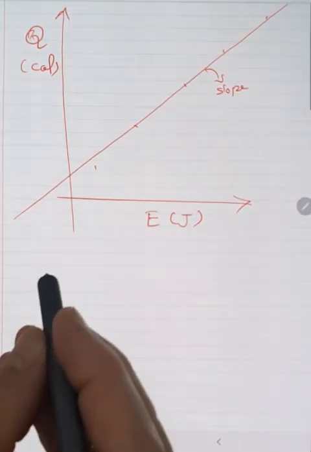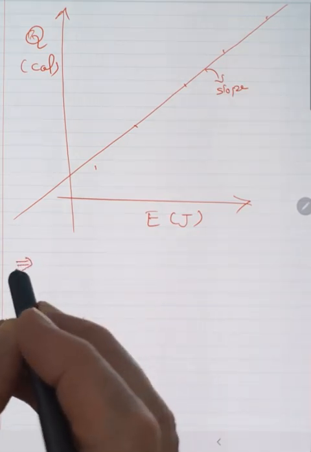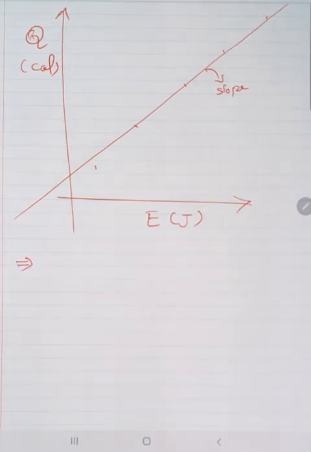It is important to mention here, for simplicity only, we neglect the calorimeter. Why? Because as the water is heating, the calorimeter is also heating, so part of the energy will go to the calorimeter.